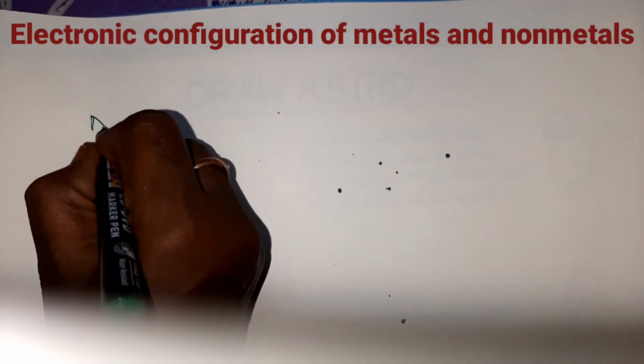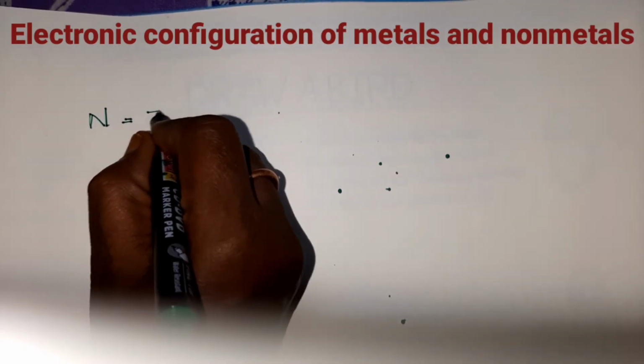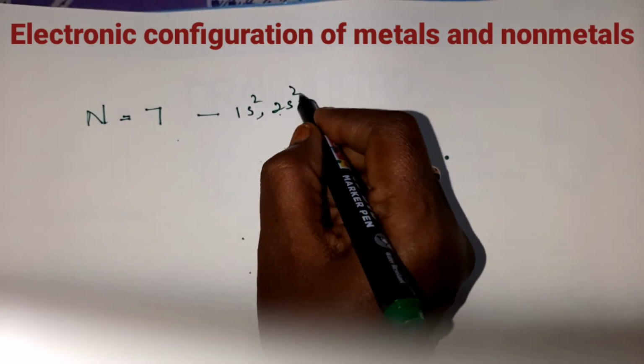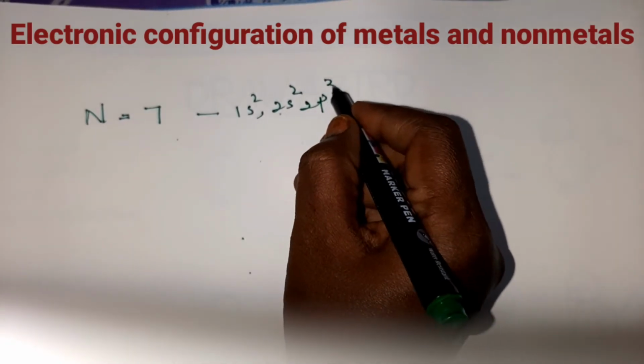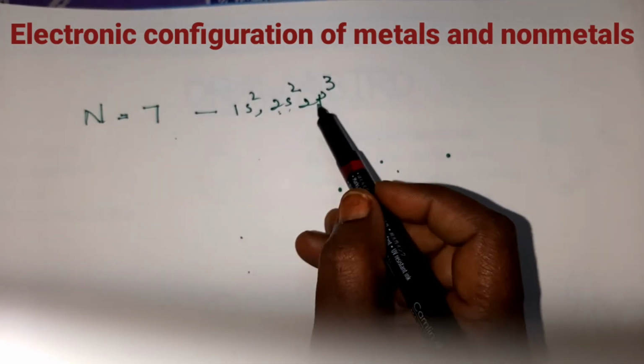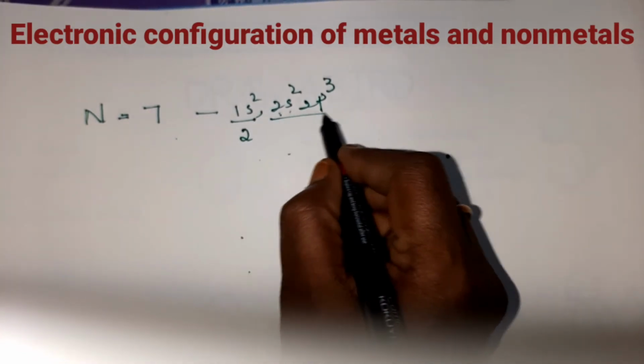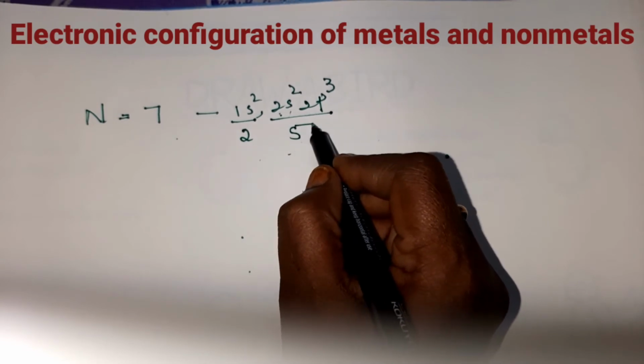Non-metals like nitrogen, N, the atomic number is 7. How do you write the electronic configuration? 1s2, 2s2, 2p3. Very good, children. 1s2, 2s2, 2p3. So first shell has got 2 electrons, second shell has got 5 electrons.